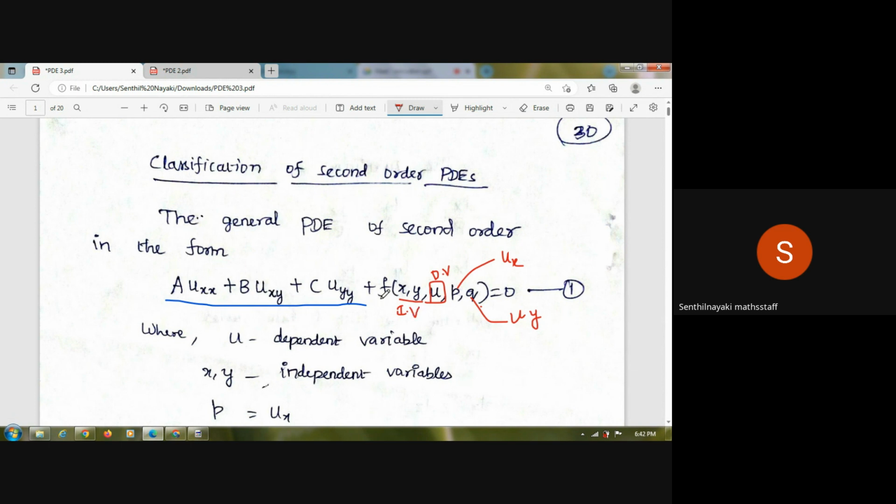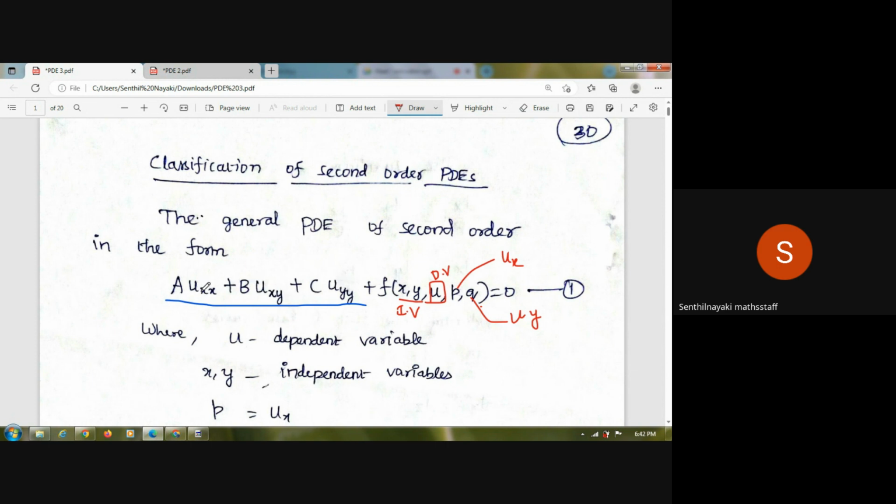So these types of variables exist, and any type of combination can exist here. In general I have written this function of x, y, u, p, q, because we are going to consider only the coefficients of the second order derivatives, that means uxx, uxy and uyy.